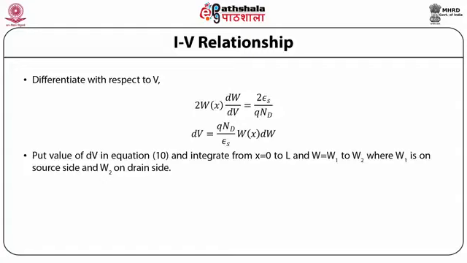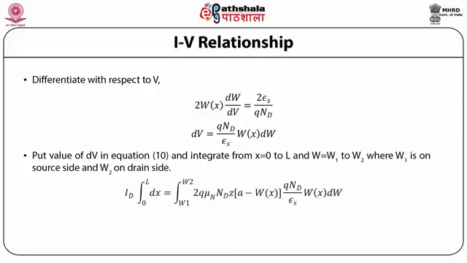Now putting the value of dV in equation 10 and integrating from x equal to 0 to L and W equal to W1 to W2, where W1 is on the source side and W2 is on the drain side, we get ID integral 0 to L dx equal to integral W1 to W2 of 2q mu n Nd Z (A minus W) multiplied by q Nd by epsilon S, W dW.